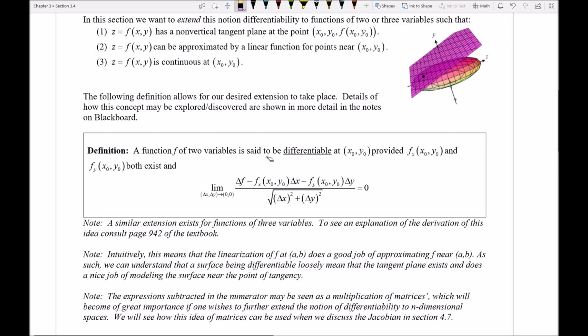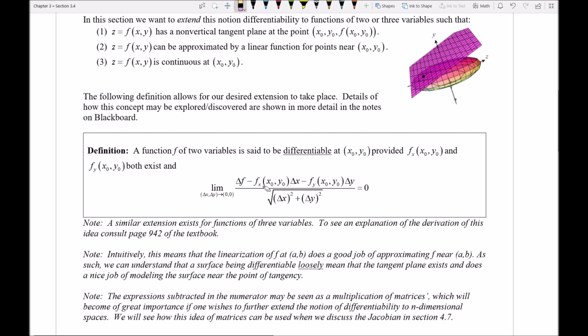Intuitively, again, all of this means that when I create a tangent plane or a linearization of my surface at a point (a, b), the tangent plane does a good job of approximating what the surface is going to look like. So when we think about differentiability, we want to think about the surface having this tangent plane that does this good approximating, and the surface itself being continuous, that is, being connected, not having any holes or breaks or jumps or gaps.